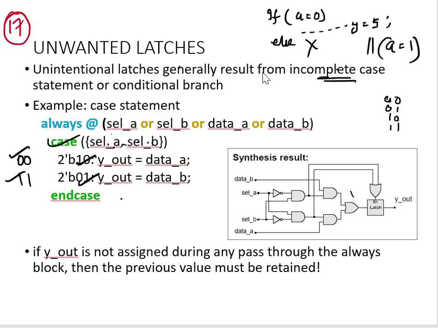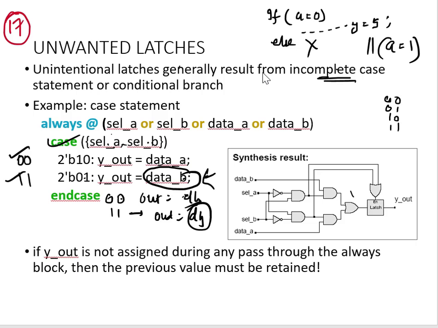So if 10 comes, then out equals data A. If 01 comes, then out equals data B. If 00 comes or if 11 comes, then out will remain the previous data, data B. So what it is doing here is storing the previous data.